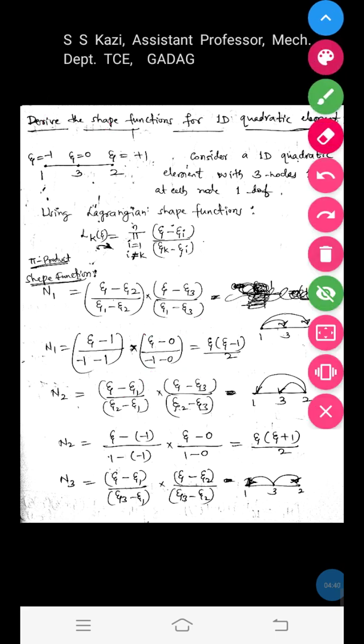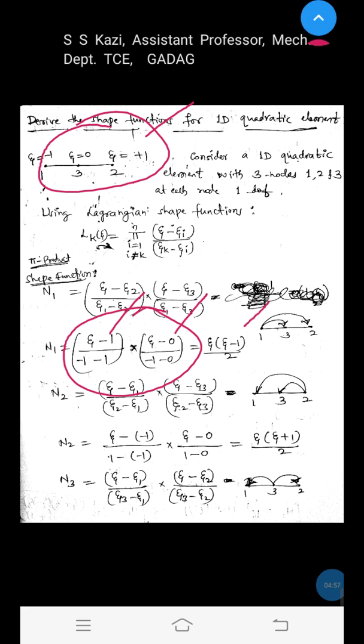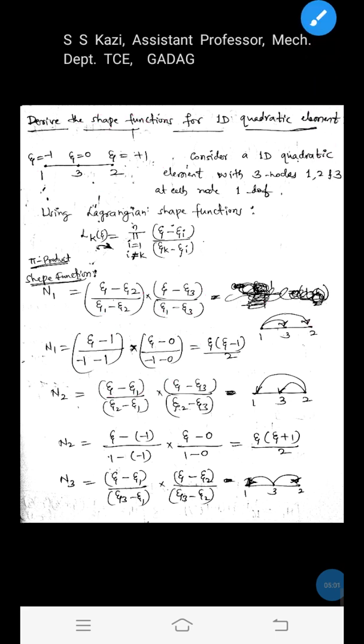Like this you substitute all the natural coordinate values that we have already defined. In the sketch we have shown all those natural coordinate values. These are the standard values we should refer to, and this product will give us zeta into zeta minus 1 divided by 2, that is N1.